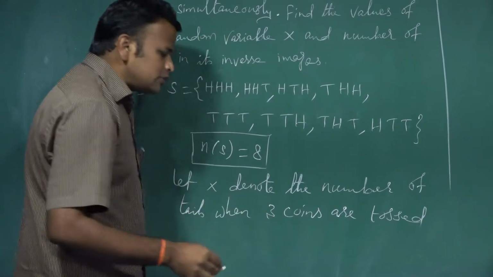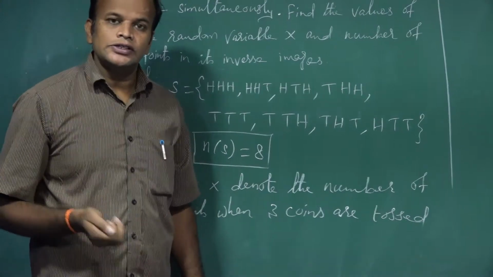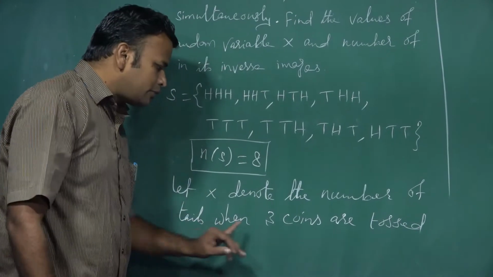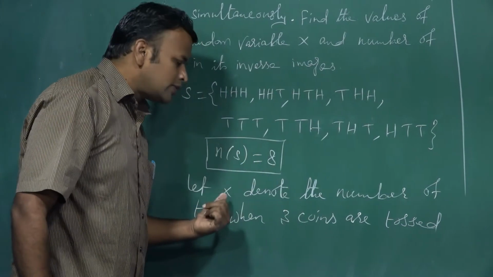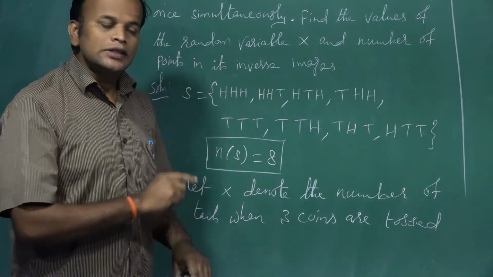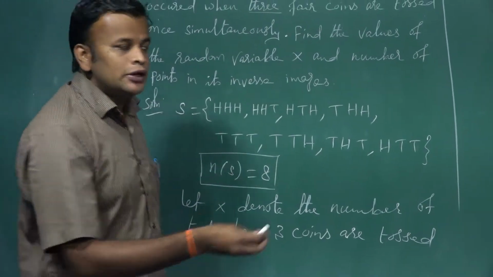Then this x value is nothing but a random variable. There is a chance of tails coming when 3 coins are tossed. Yes, there is a chance. So this event is called the random variable. Then this x value is called the random variable.